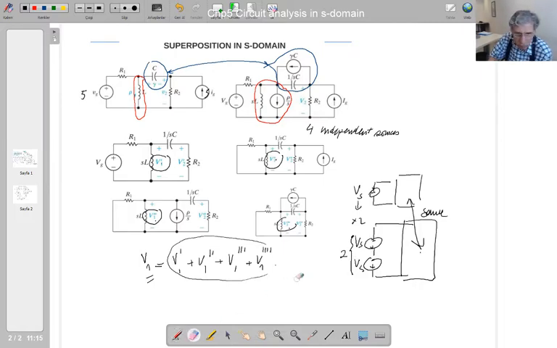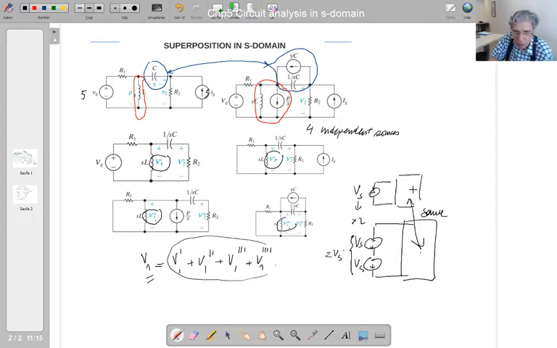Let me repeat it. Maybe this is a bit confusing. Now for this circuit's solution, let's say all the elements, currents and voltages, you found. Now what would be the solution if I multiply this voltage by 2? That is 2 Vs. What would be the solution here?